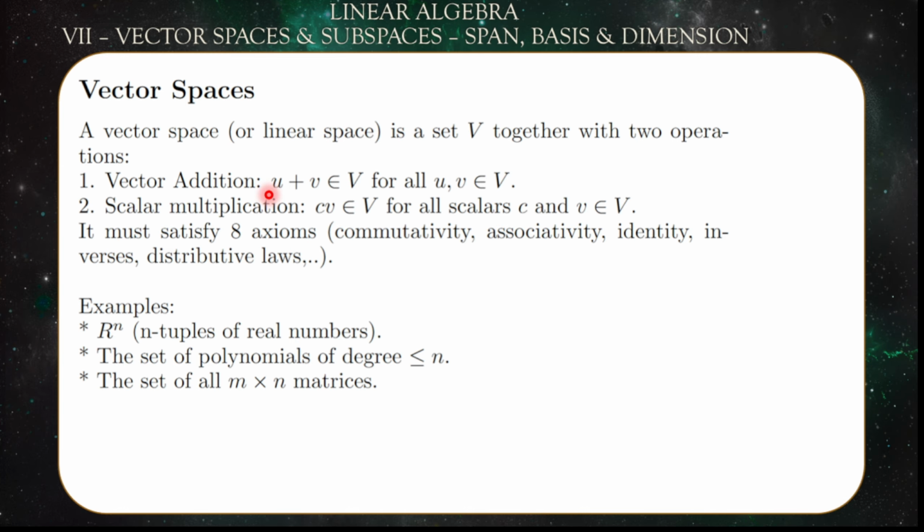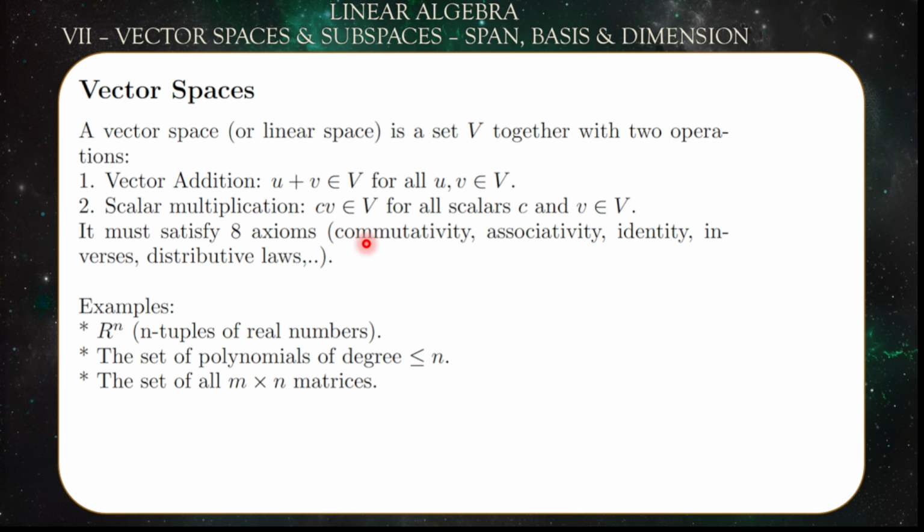So vector addition still belongs to the same set when u and v belong to V, which is also the set V. Scalar multiplication: c times v, c being a constant here, belongs to V for all scalars c that belong to F, the field, and v belongs to V.